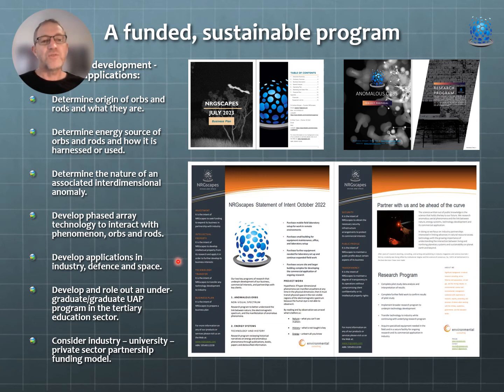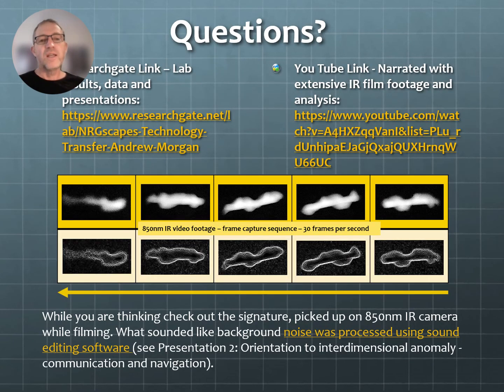Develop applications as a result of this in industry, defence and space, and in particular develop and roll out an undergraduate graduate UAP program in the tertiary education sector that is rigorous, recognised and backed up by peer-reviewed publication, of course, to make it valid in terms of being in mainstream science, and consider an industry university private sector partnership in that regard. And last slide here, just questions.